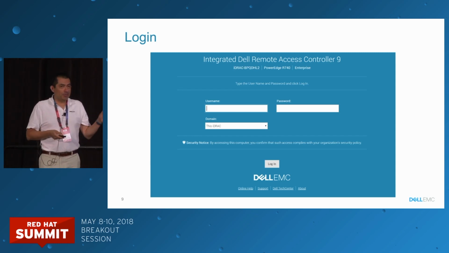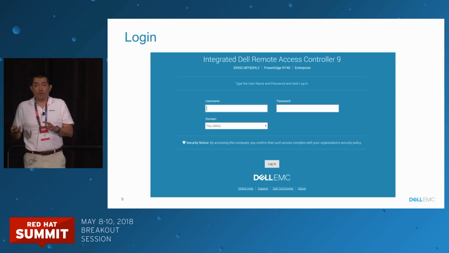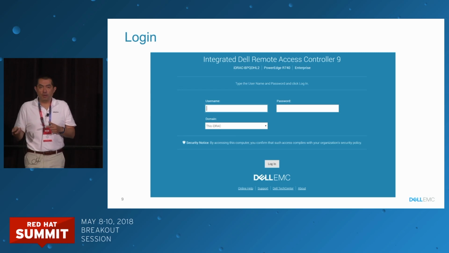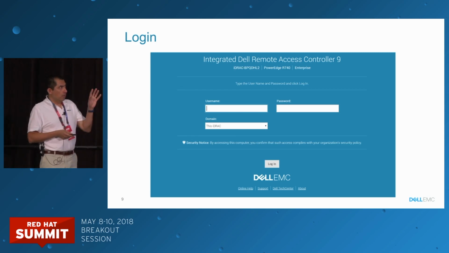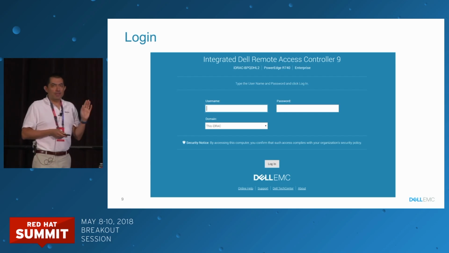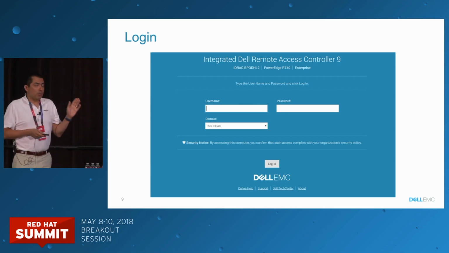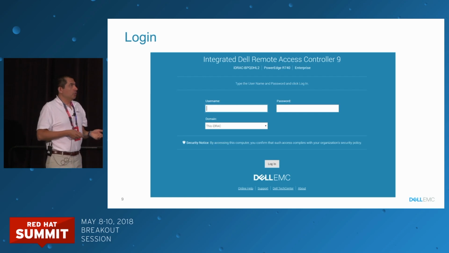I do have access to Dell servers, and so that's why I took these screenshots. But if you manage servers from other OEMs, HP, Lenovo, this solution works as well. But for the sake of the demo, this is the iDRAC on Dell PowerEdge servers. The easiest way to access out-of-band management on iDRAC is through a web console.